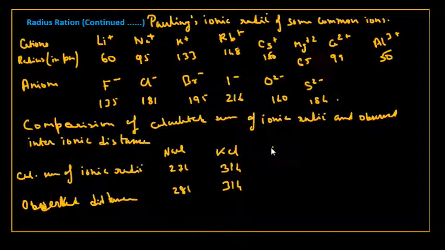For RbCl, the calculated sum of ionic radii is 329 and observed distance is also 329. And for CsCl, the calculated sum of ionic radii is 350 and observed distance is 347. So we can see that calculated sum of ionic radii is approximately equal to observed distance in most of the cases.